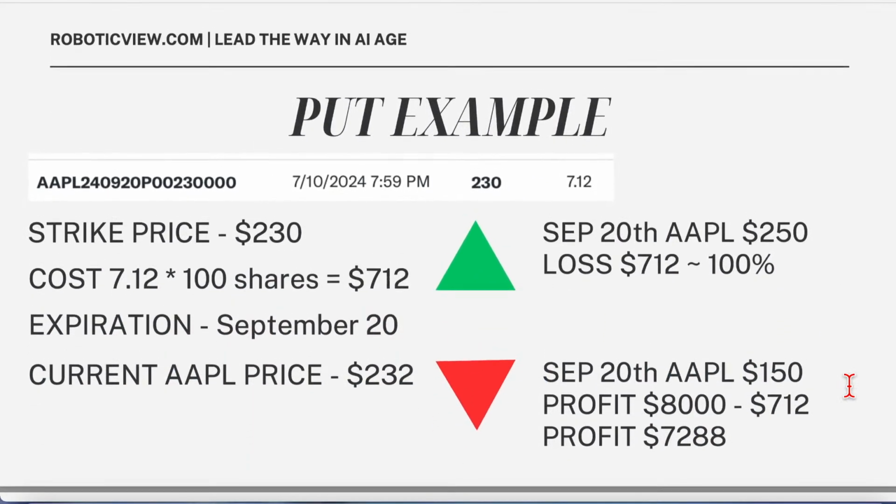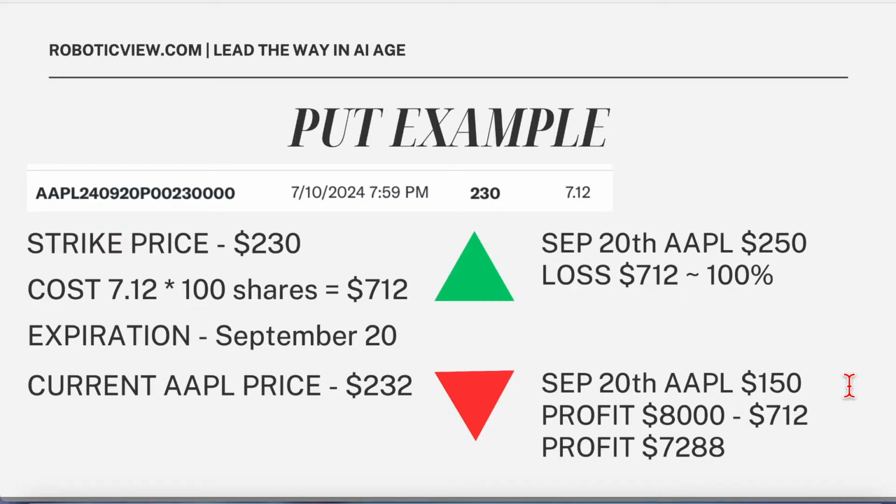Now here we have a put example, and again let me remind you that a put is a right to sell stock. So you could buy it as insurance. Suppose you have 100 shares of Apple and, God forbid, they go down like a rock, you would still have a right to sell them at strike price 230. You could think of it as insurance, all right? And if you didn't have the stock before, you could play it short.